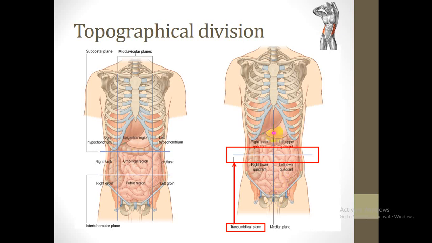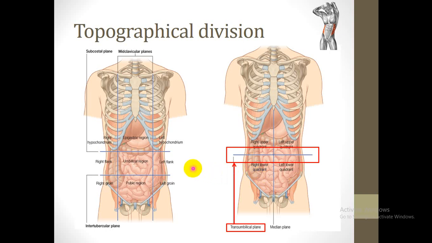These two planes give me four quadrants of the anterior abdominal wall and abdominal cavity, called the right upper quadrant, left upper quadrant, left lower quadrant, and right lower quadrant.